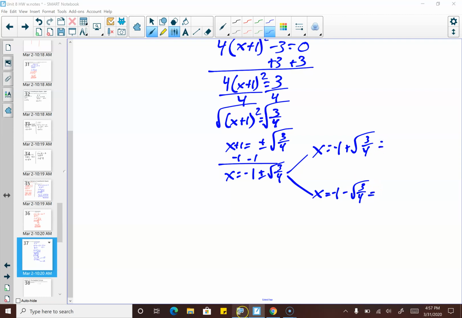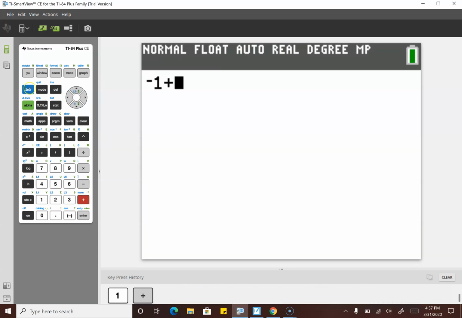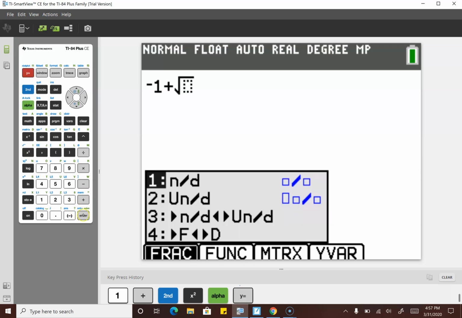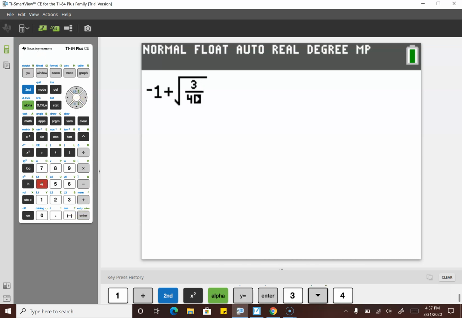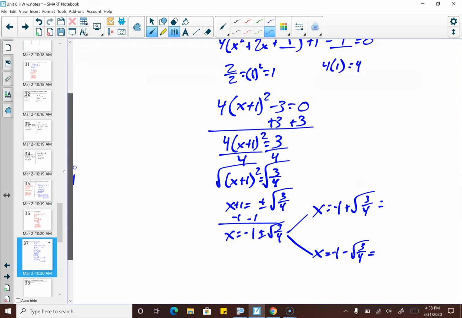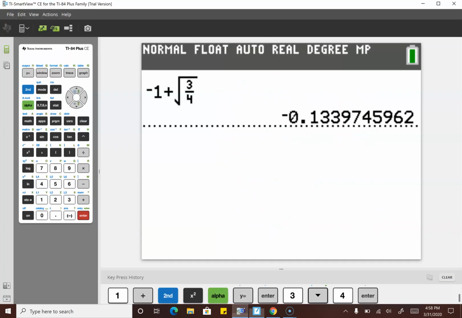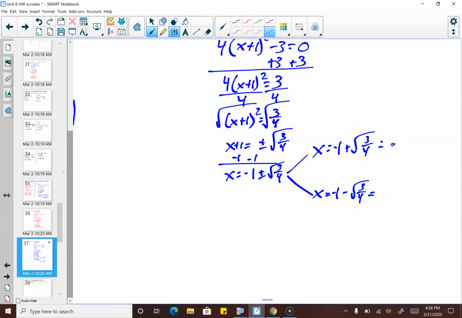So we go to our calculator, negative 1 plus square root 3 divided by 4, and you get negative 0.1339. I think it wanted to the nearest tenth, so that's going to give us a negative 0.1.